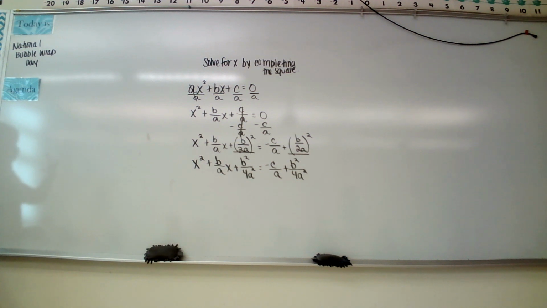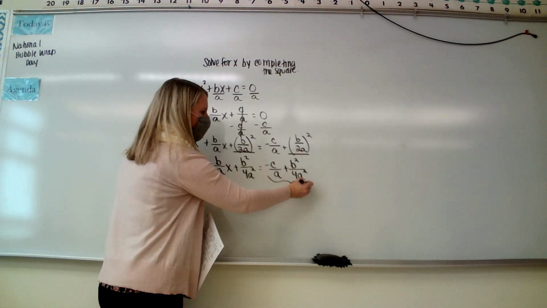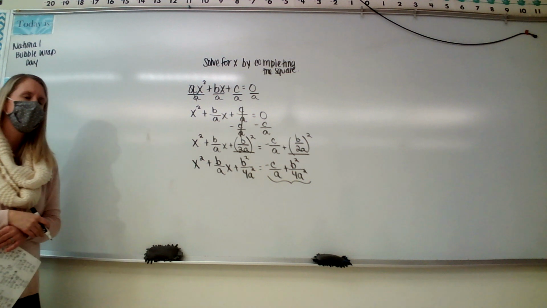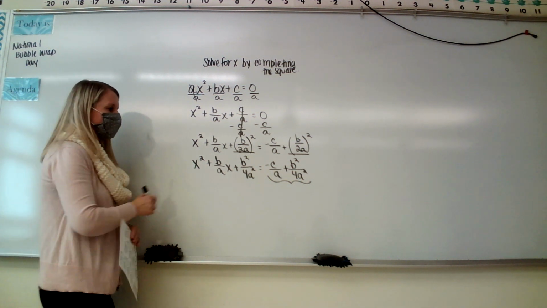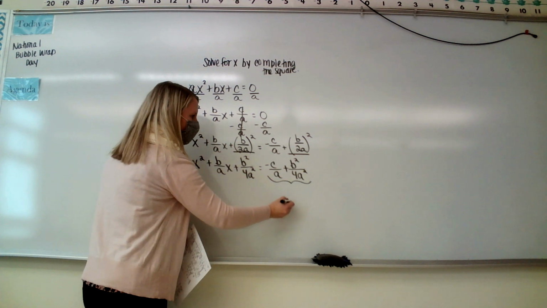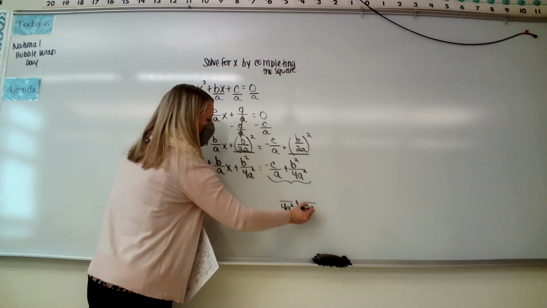In a minute, I'm going to factor the left side. That's the whole reason we do this, to factor the left side so we can take square roots. Before I do that, I just want to simplify this side. I want to make it have a common denominator, so that when we do need to combine it, it makes life a little bit easier. In this case, the common denominator would be 4a squared, right? Because then everything's represented.